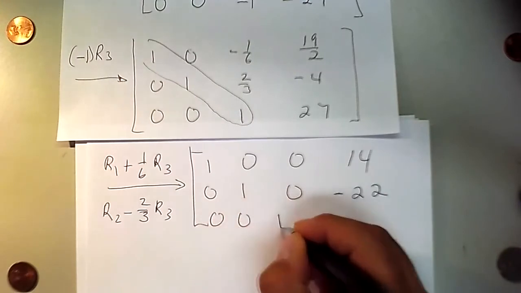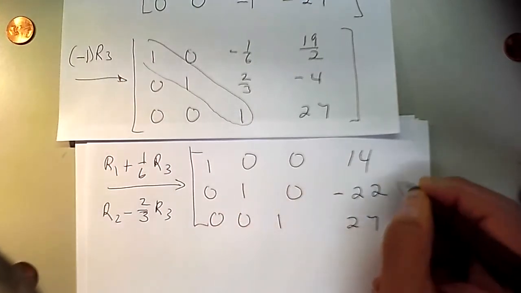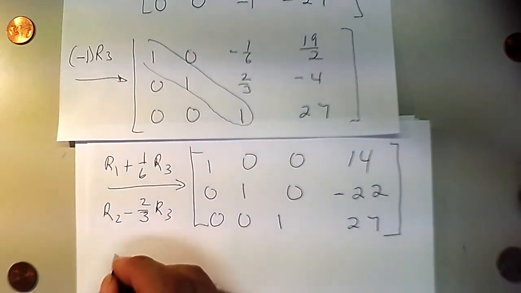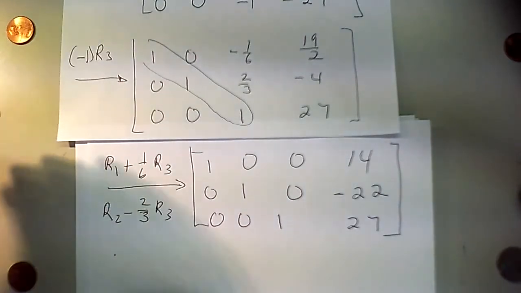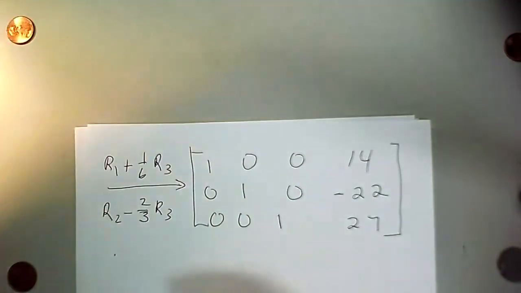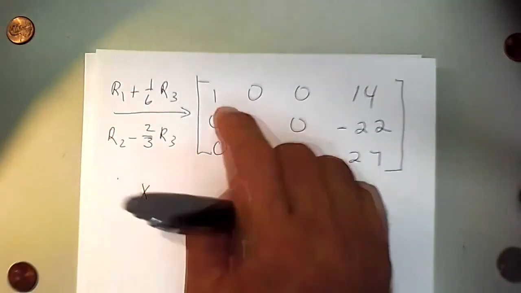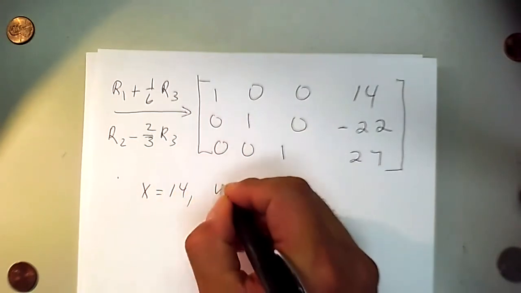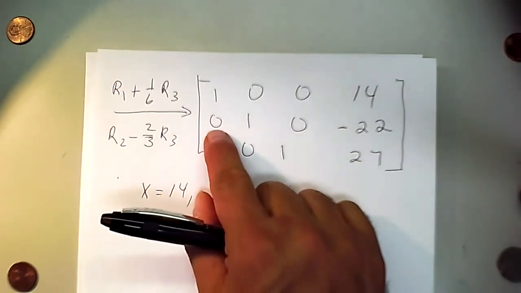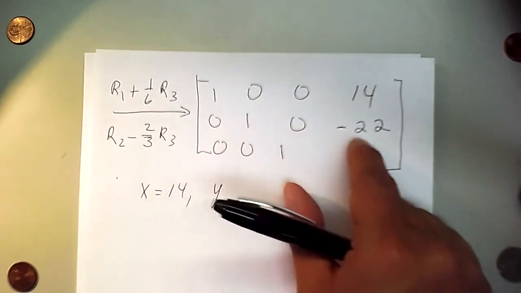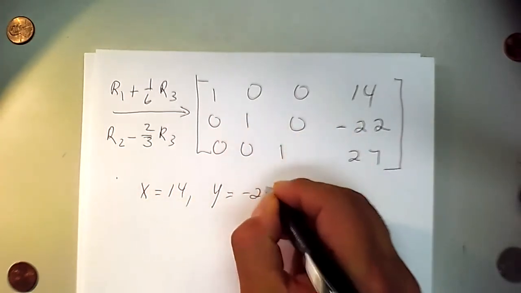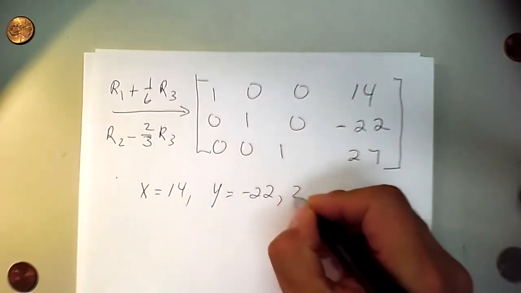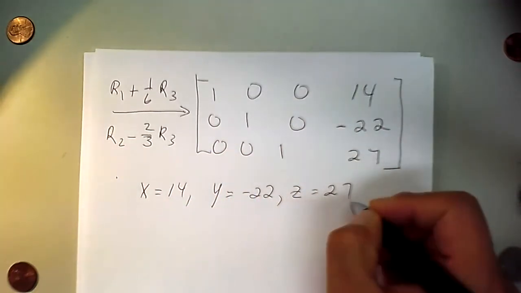So it appears, if I didn't make any mistake along the way, that x equals 14, no y, no z; y equals negative 22, no x, no z; and z equals 27, no x, no y.